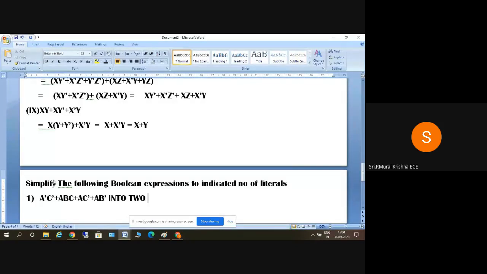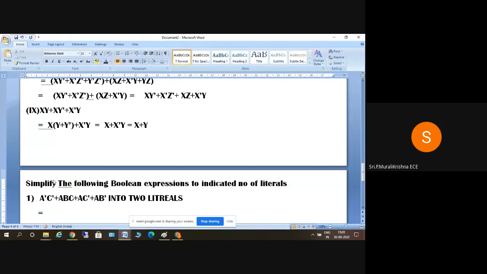So whatever output we get should have only two variables, I mean two literals, such as AB or AC or AD, different combinations. One literal should be eliminated from A, B and C. So the expression should be memorized like that.